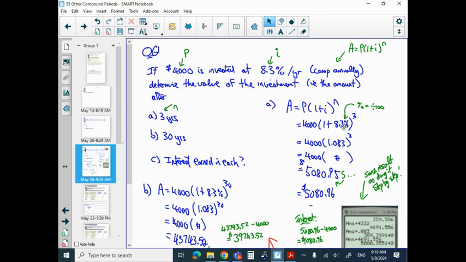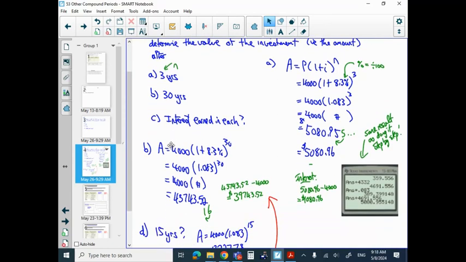The interest gets converted to a decimal, added to the 1, to the power of 3 gives some number. I didn't bother writing it in. That number times 4,000 gives 5,080.95, and so on. So rounding, $5,080.96.